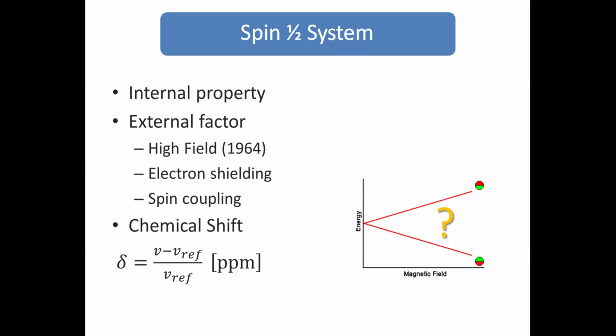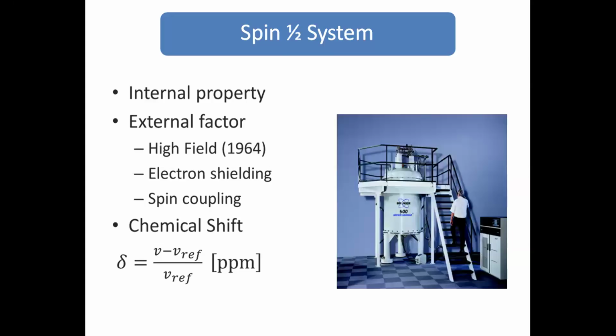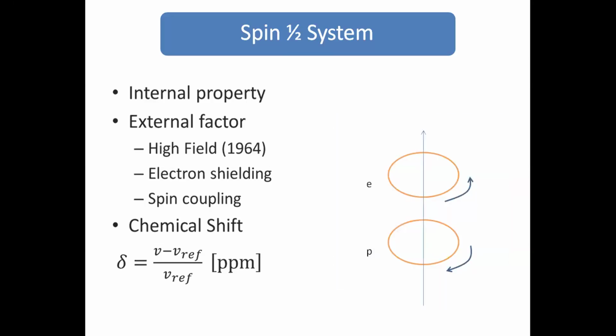Okay, so we were talking about the spin half system, and I will skip this to the next. Inside the atom there is a movement of the proton in the nucleus and electron, so they generate their own magnetic fields, and depending on that, the effective field that is felt by the nucleus varies.